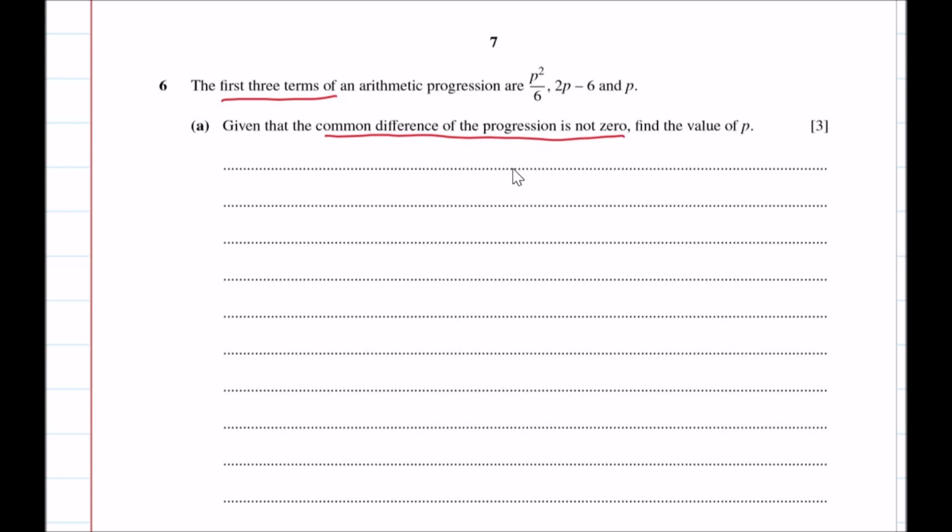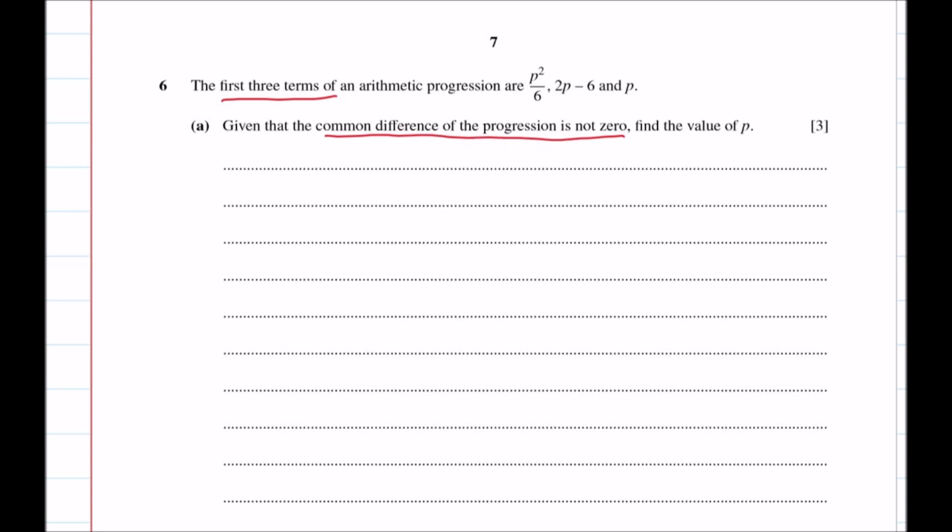As we can see here, common difference is involved. So we see three terms are given, so we can find the common difference. And we know that the common difference formula says second term minus first term, or we can find it by third term minus second term. So the difference of any two consecutive terms gives us the common difference.